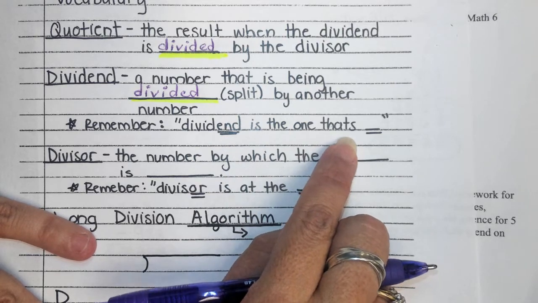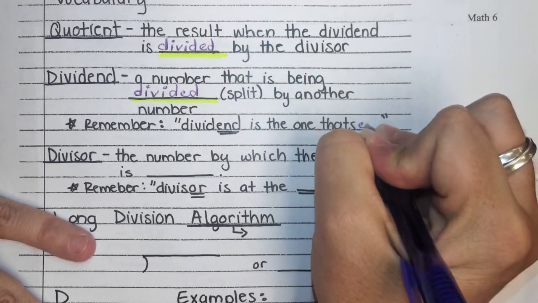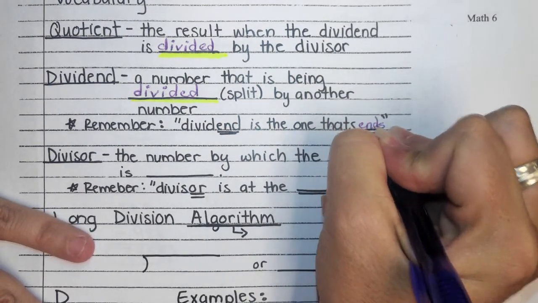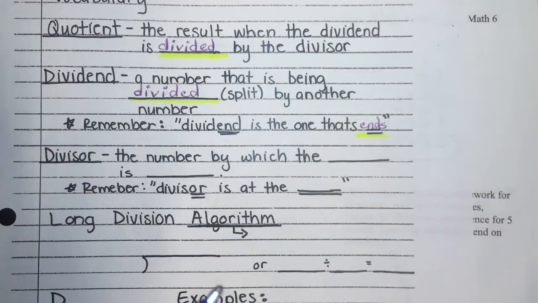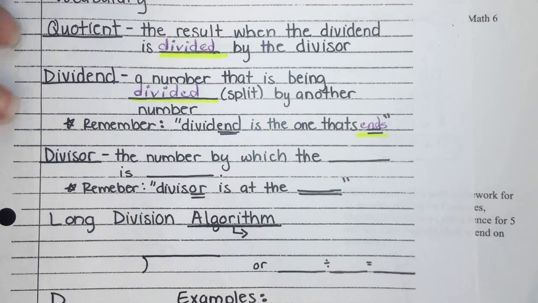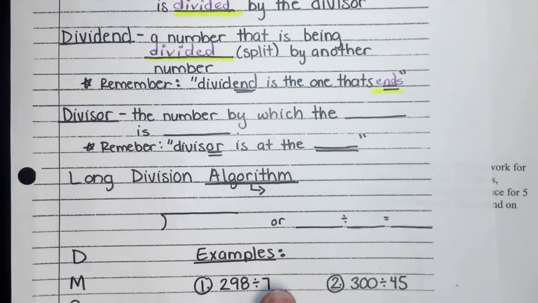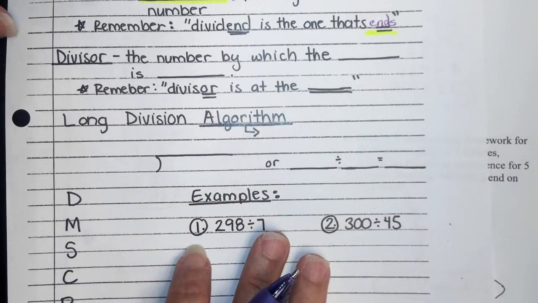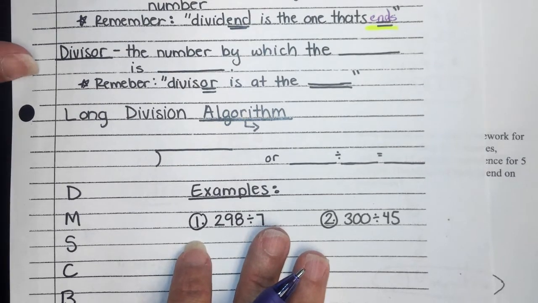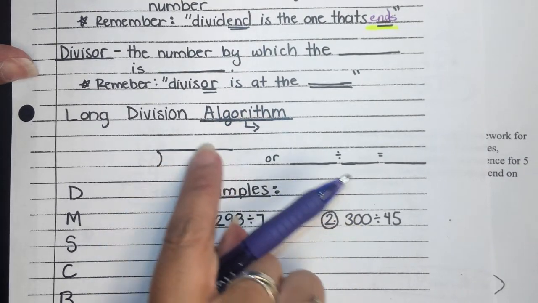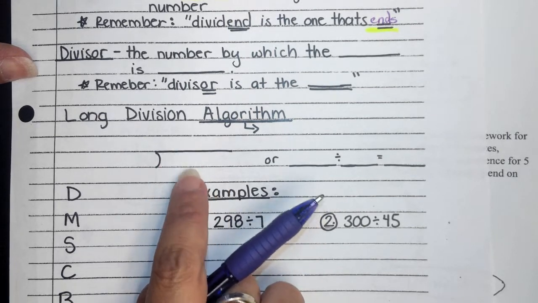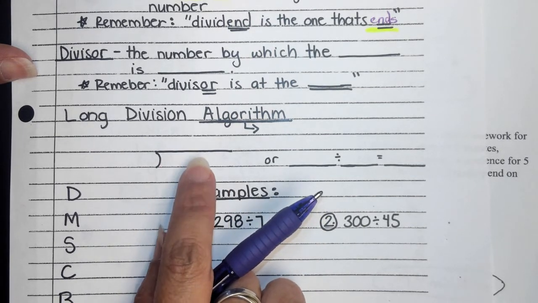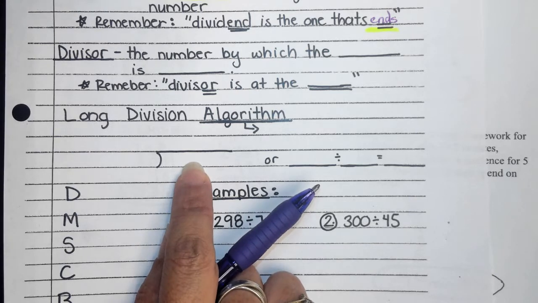It's a goofy way of remembering this. Dividend is the one that ends, and I'll show you what I mean by that. The best way I can explain this is by moving down a little bit. If you look down here, where there's a little weird line drawn, most of us call this the house, in the house or out of the house.